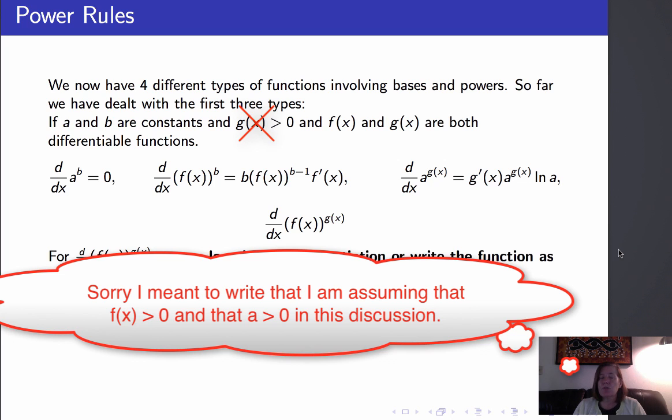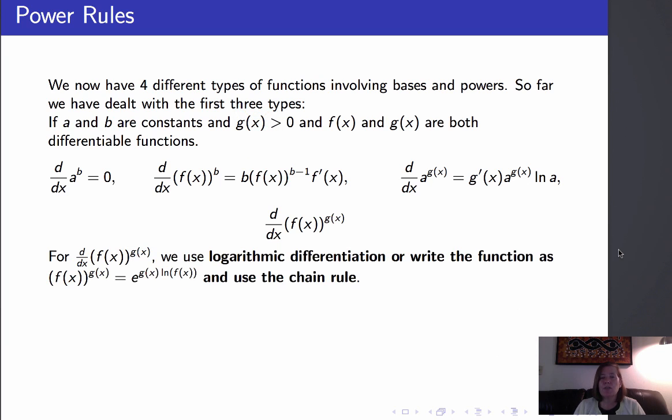If I were asked to differentiate a constant a to the power of some function g, I would use the chain rule in conjunction with the derivative of a to the x, or convert it to e to the g of x times the natural log of a, and use the chain rule for e to the x.